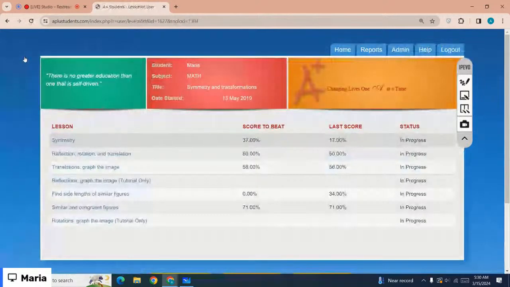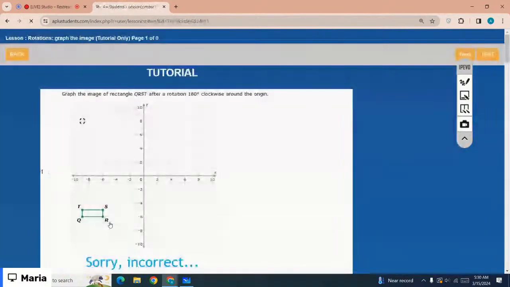The next one is rotations, graph the image. Graph the image of rectangle QRST after a rotation of 180 degrees clockwise around the origin.